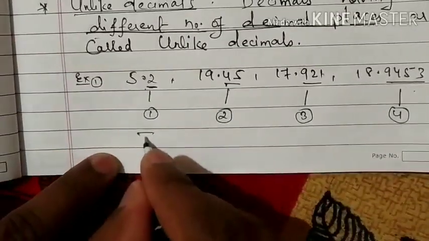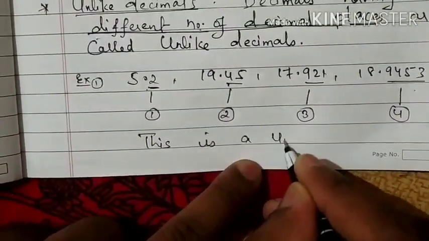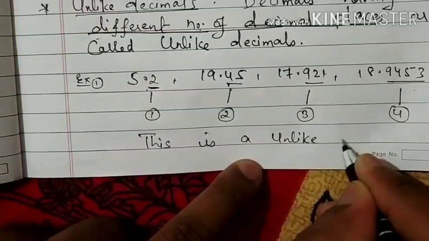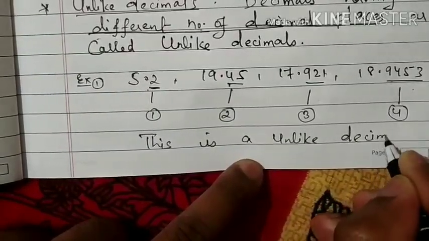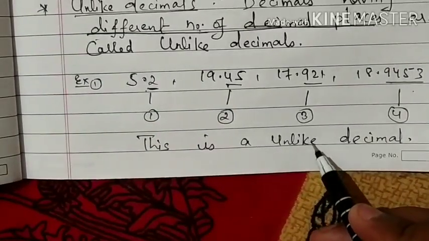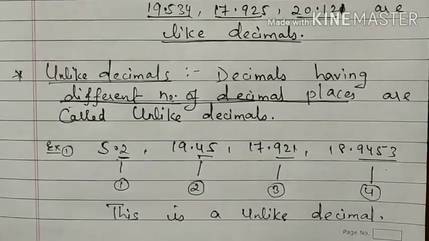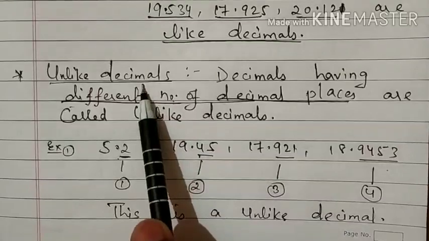So this is an unlike decimal. And how we can convert unlike decimals into like decimals will be taught by me in the upcoming videos. So what is unlike decimal?